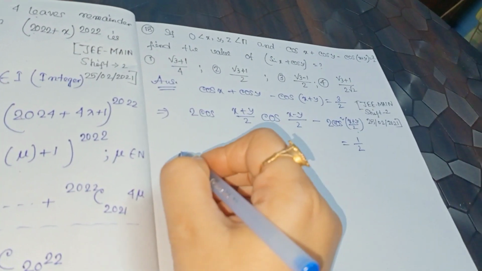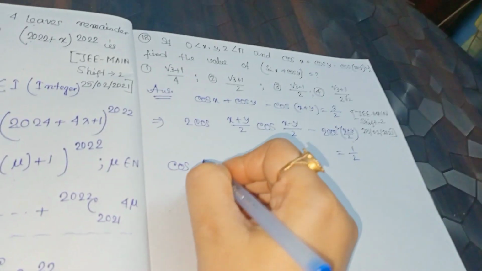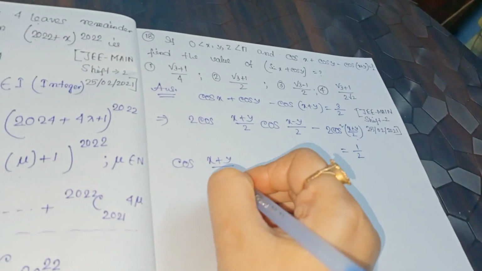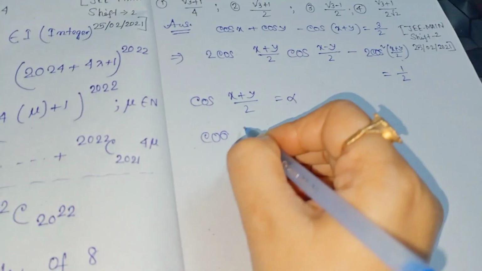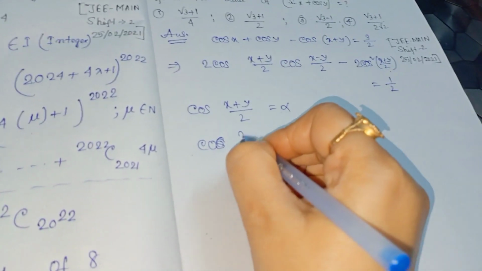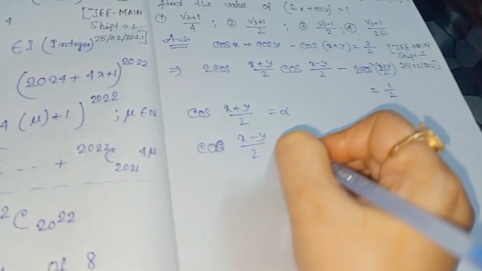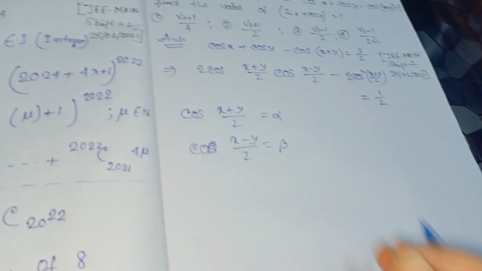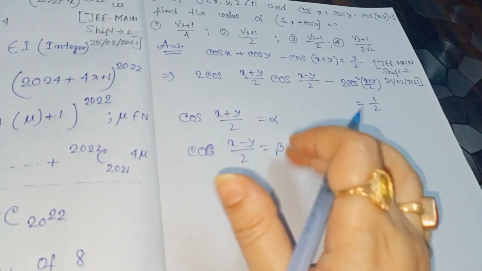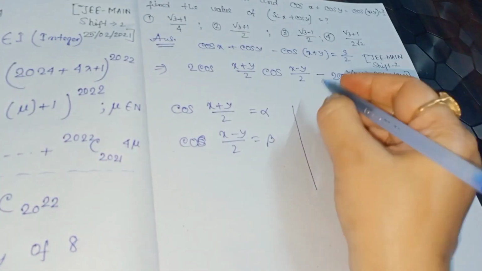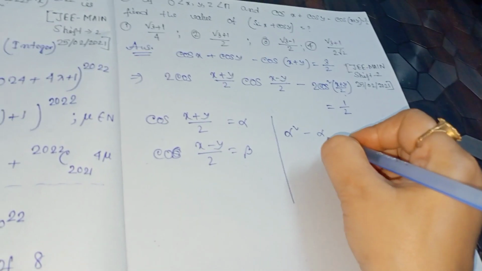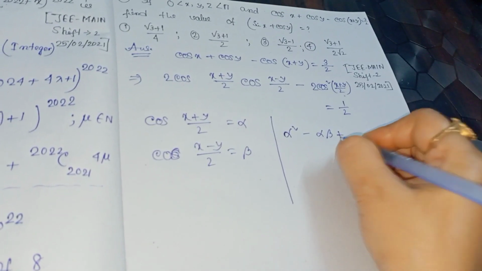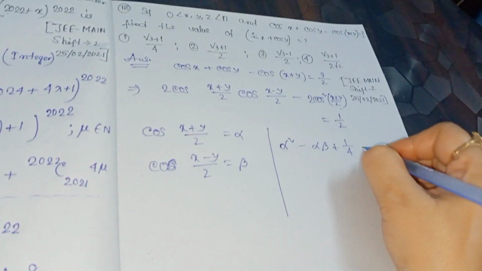Now let's suppose cos((x plus y) by 2) is equal to alpha, and cos((x minus y) by 2) is equal to beta. So this becomes alpha square minus alpha beta plus 1 by 4 is equal to 0.